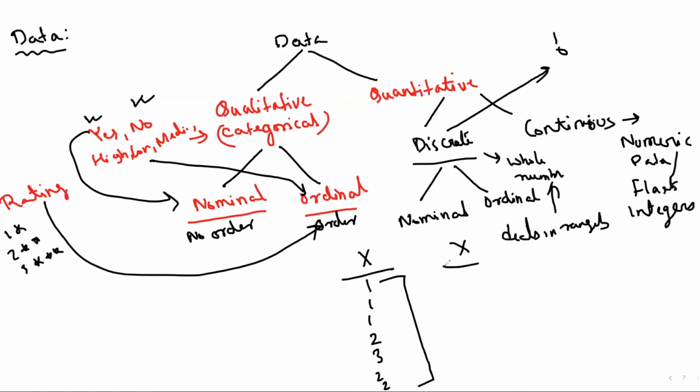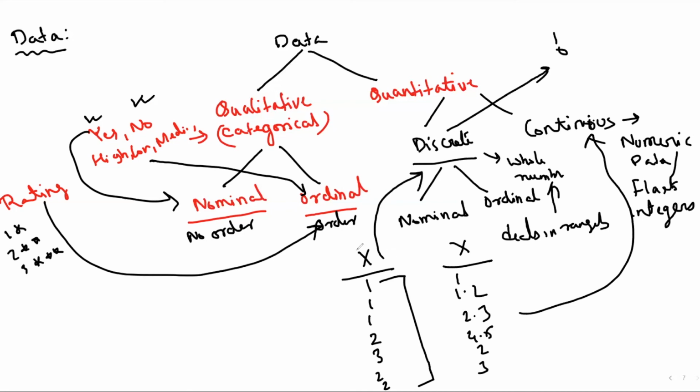There can be observations like 1, 1.2, 2.3, 4.5, 2, 3. This can be considered as continuous data. And the whole of these two are basically quantitative data, because they deal with numbers. This qualitative deals with strings, let's say yes, no, high, low, medium, like categorical basically.